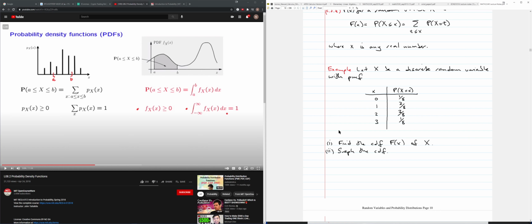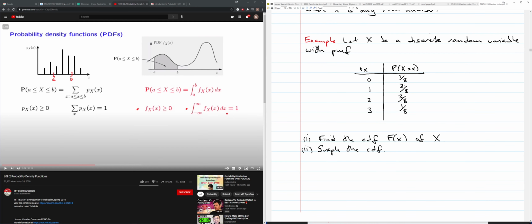A discrete random variable can be described by a PMF, a probability mass function. Possible values for the big X would be 0, 1, 2, and 3. Probability X is equal to 0 is 1/8, probability X is equal to 1 is 3/8, and so on.